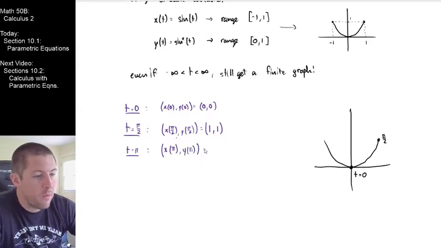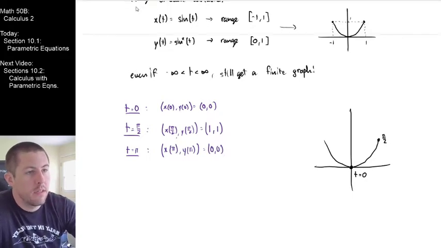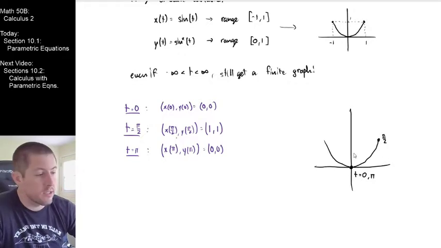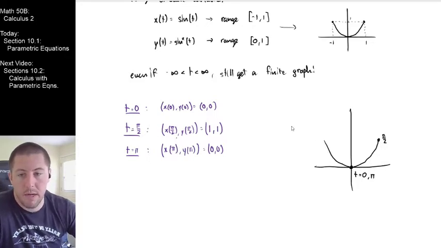Well, at pi, we're back to 0, 0 for sine and for sine squared. So the way this particle started is that it started at the bottom, moved up to the upper right, and then went immediately back down to the bottom. Where are you guessing it's going to go now?